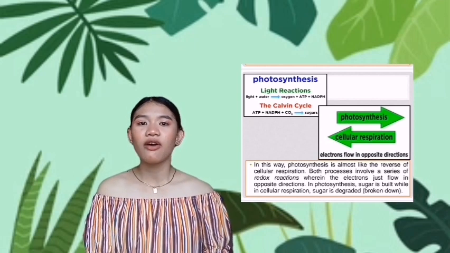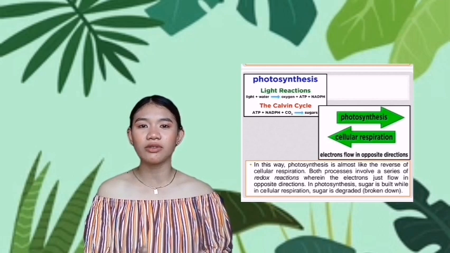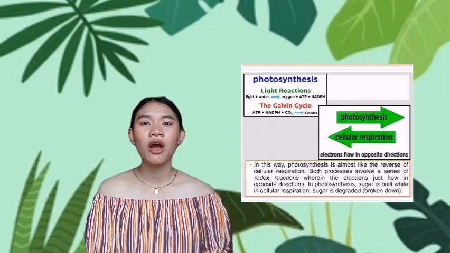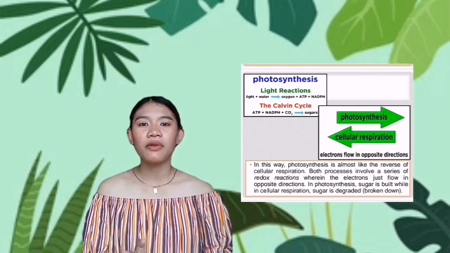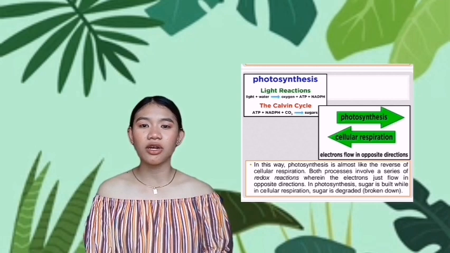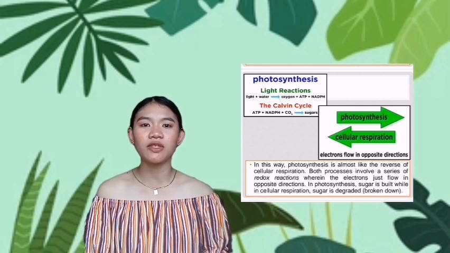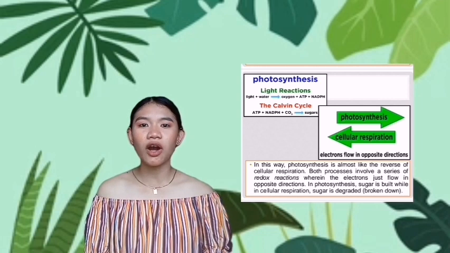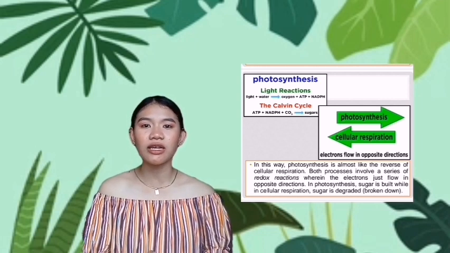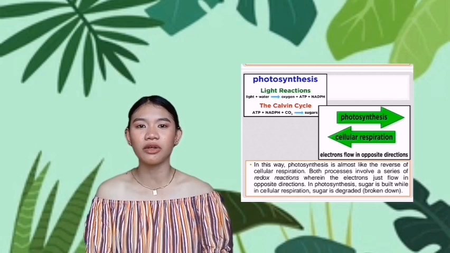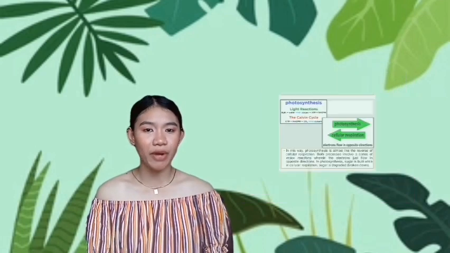In this way, photosynthesis is similar to cellular respiration. Both processes rely on a succession of redox reactions in which electrons flow in opposite directions. Sugar is produced during photosynthesis, but sugar is broken down during cellular respiration.